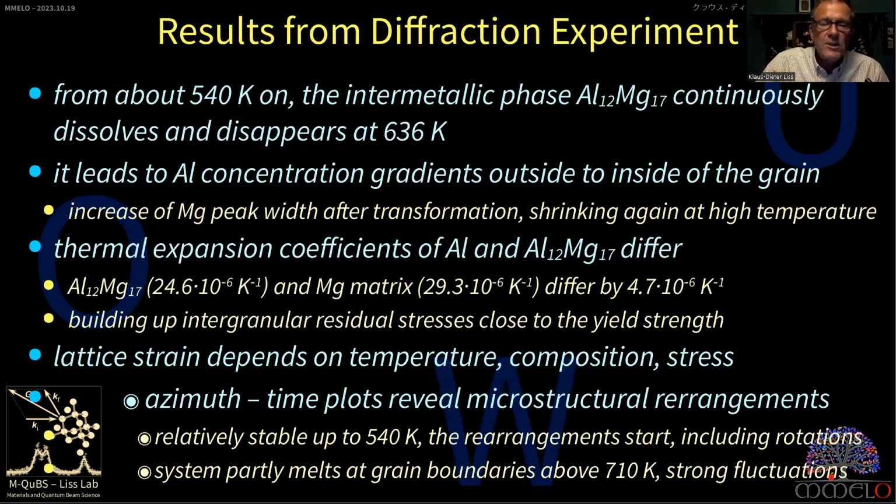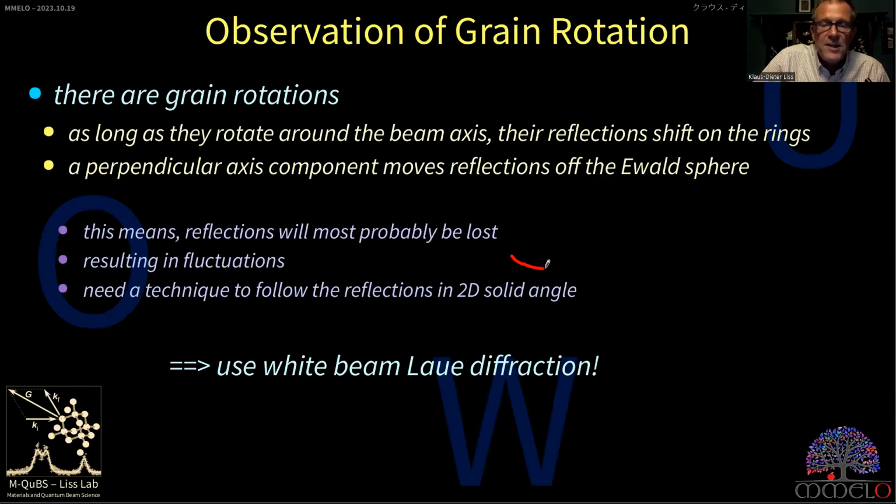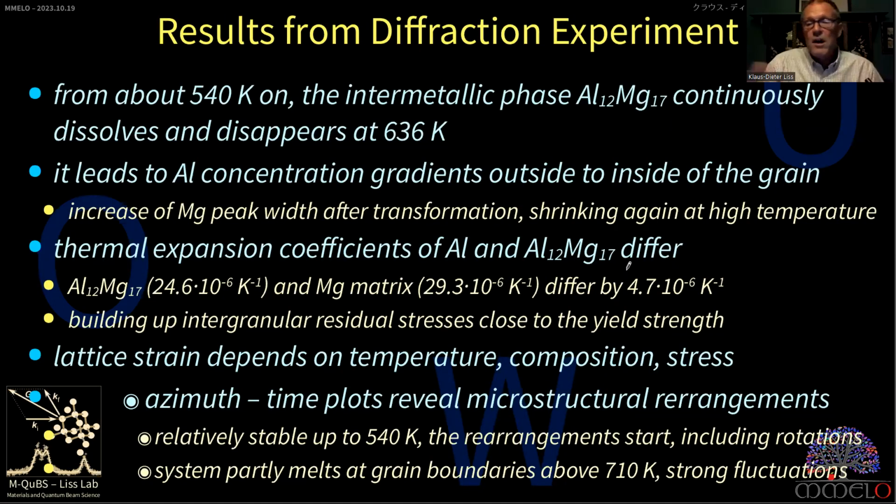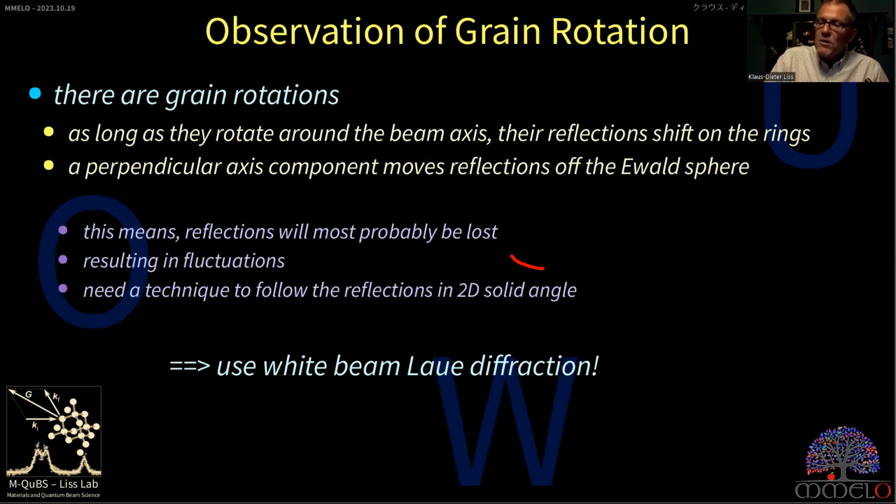And there's also the aluminium 12 magnesium 17, which plays a big role, the precipitation, and which leads to anomalies in the lattice parameter. But because time is running, I want to talk more about grain rotation. Can we observe grain rotation? Because I have some exciting news to share with you.